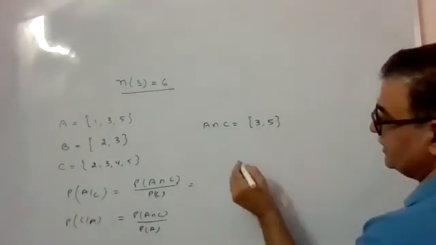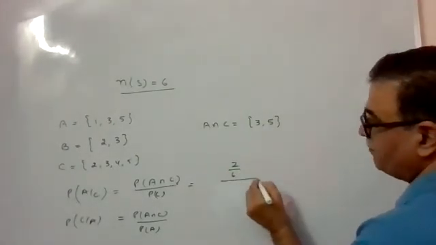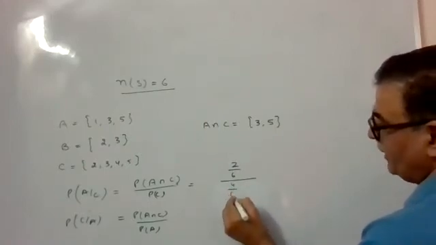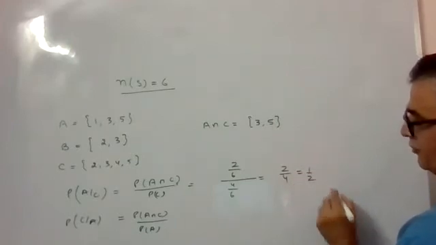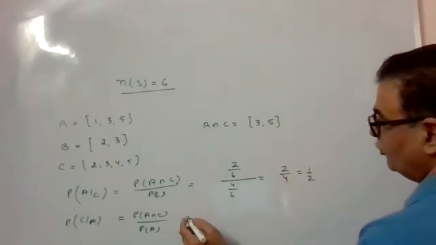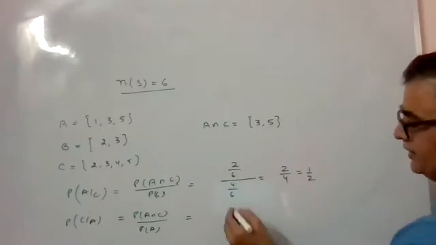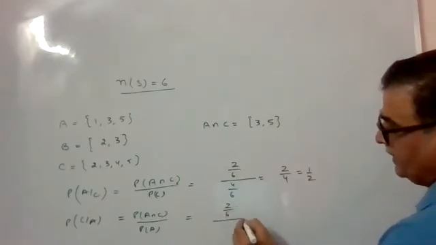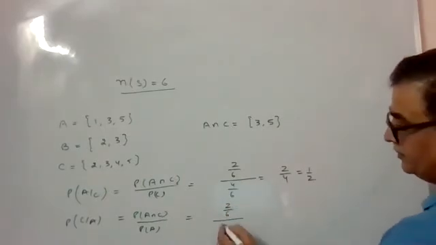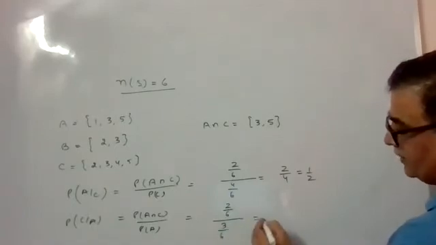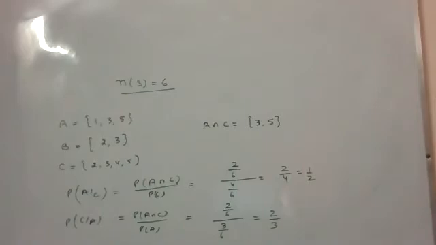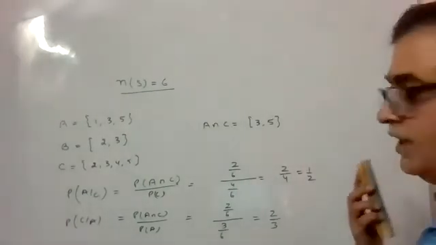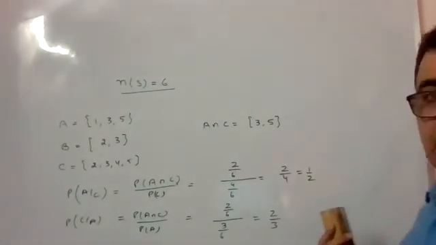P(A intersection C), 2 by 6 by P(C), 4 by 6. So it will come out to be 2 by 4. Your answer is coming half. Then we go for this P(A intersection C). Again 2 by 6 by P(A), 3 by 6. Your answer is 2 by 3. Clear? Any doubt?